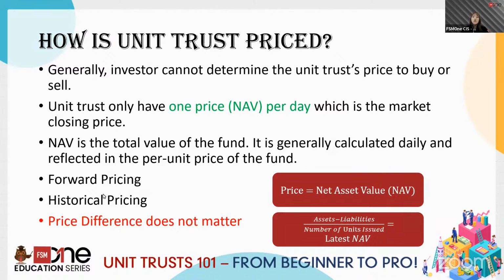In terms of the unit trust price, we recommend that the difference in the unit trust price in the short term does not really matter, because generally unit trusts are meant for a long time horizon of at least 2 to 3 years and above.